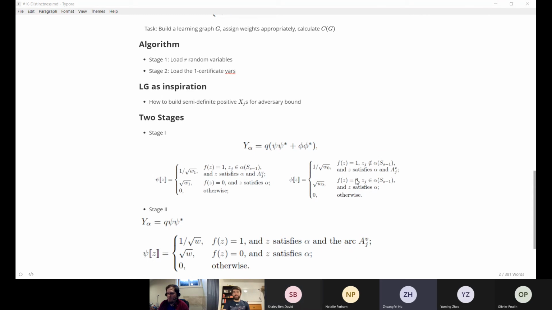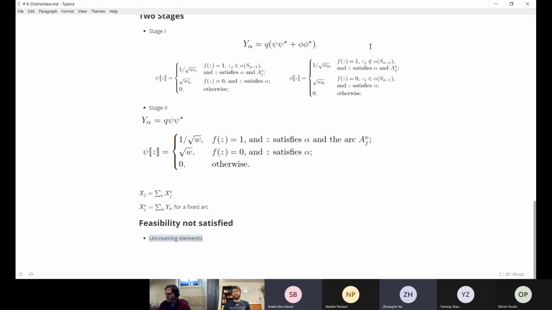All right, thanks. Any questions? Yeah. This is not a paper that I know very well, but part of what's going on in this paper is that, of course, he's trying to construct a quantum algorithm for k-distinctness, and it's sort of a learning graph approach, but not quite.